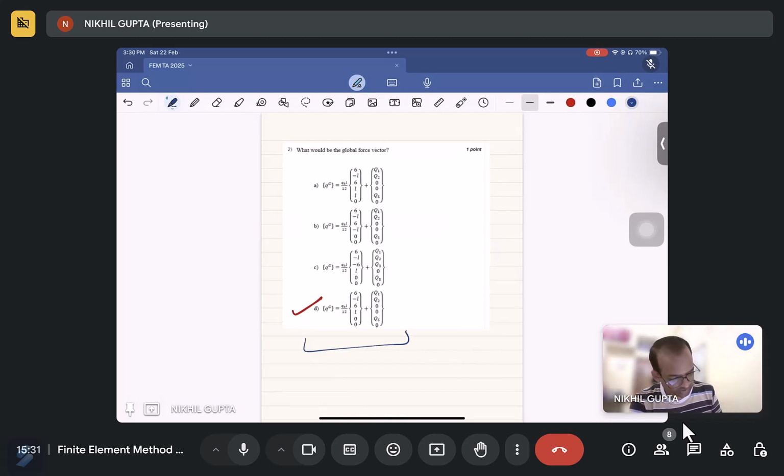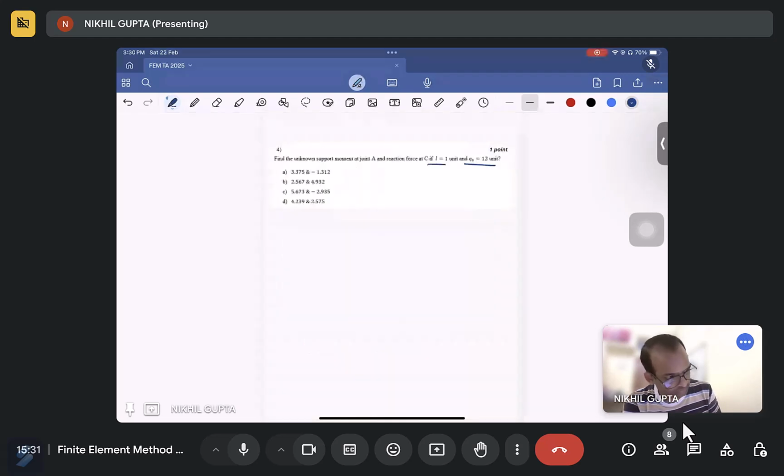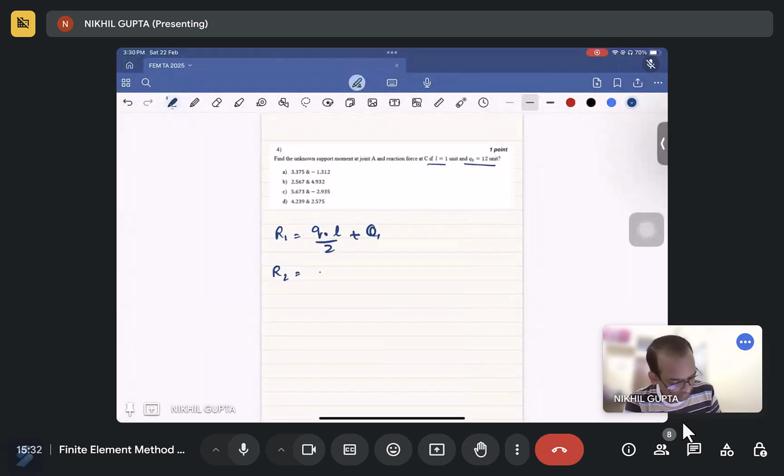After using it, we can directly write R1 equals Q naught L by 2 plus Q1.